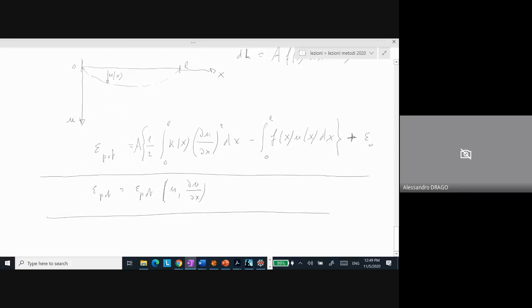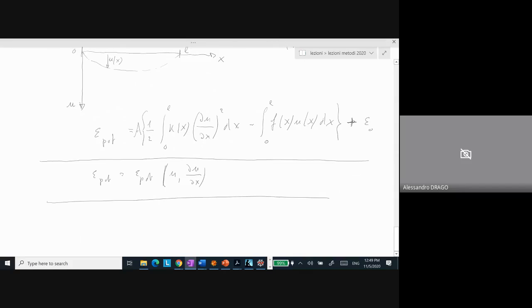So let's assume that u satisfies the differential equation, and let's introduce something like omega, which is u plus some displacement v. So u, as I said, corresponds to the solution of the differential equation. And now I want to show that for whatever v, v still has to satisfy the boundary conditions. I mean, I am restricting myself to u, v, omega, whatever, that are all satisfying the boundary conditions.